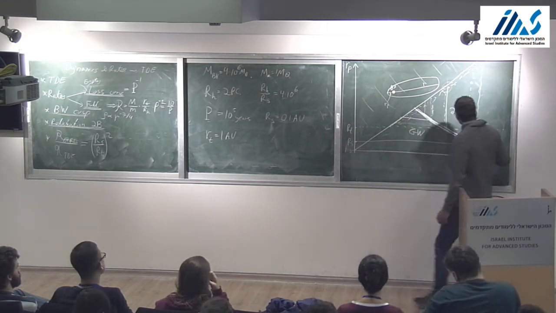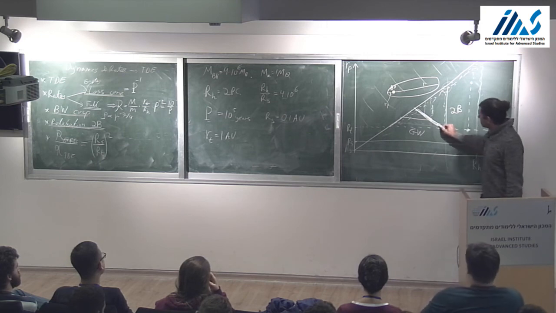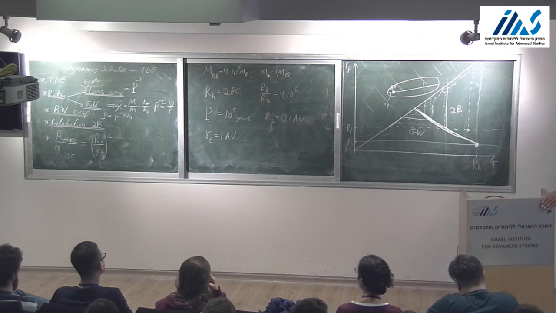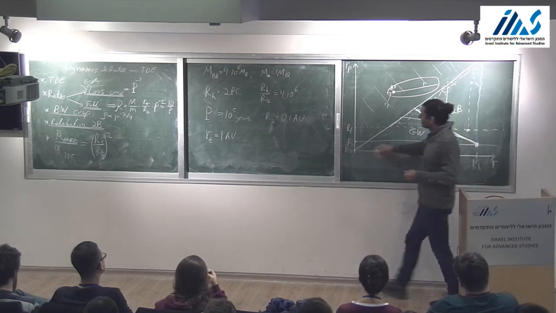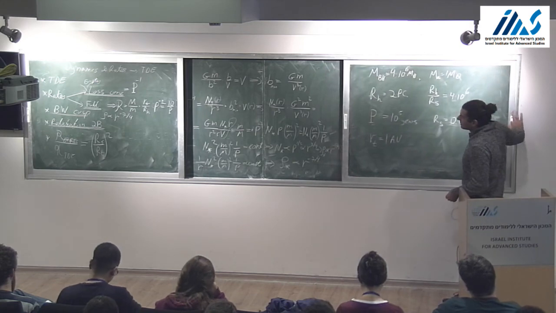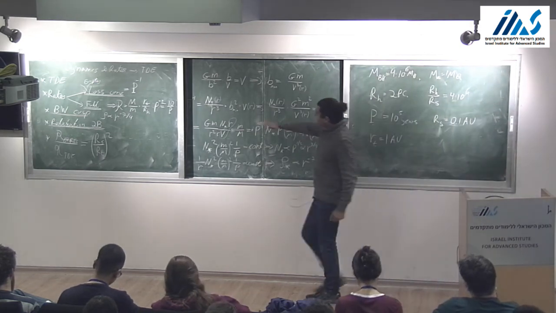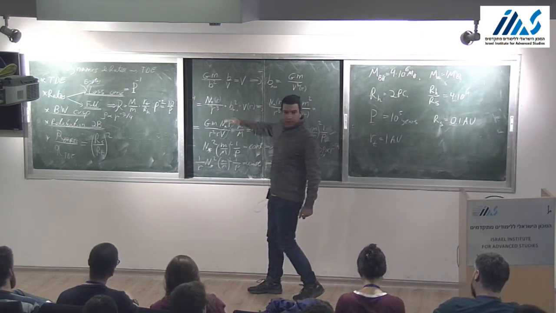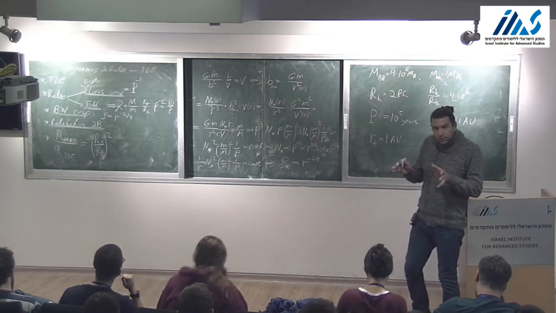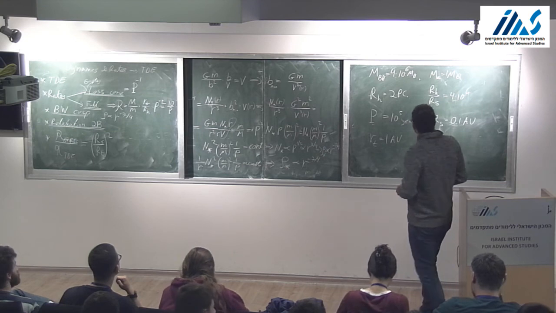We can try to derive this line. Okay, let's try to derive it. This is the time that it takes at any given radius to change the orbits of circular orbits considerably.